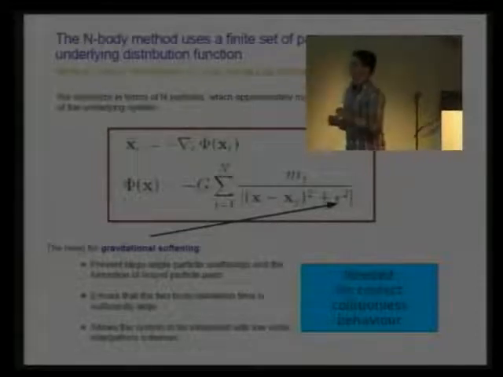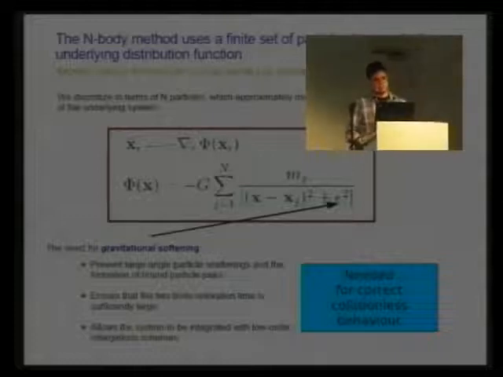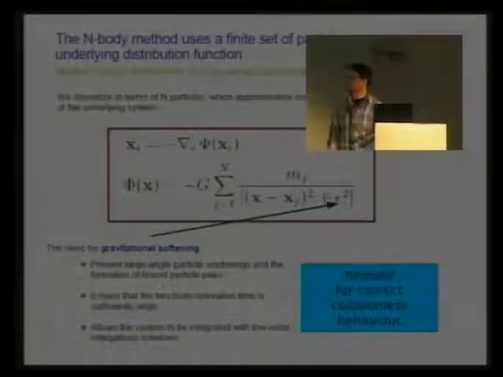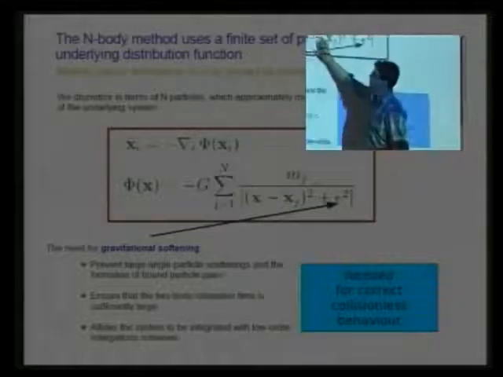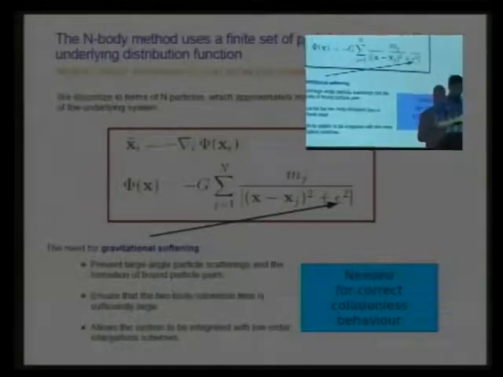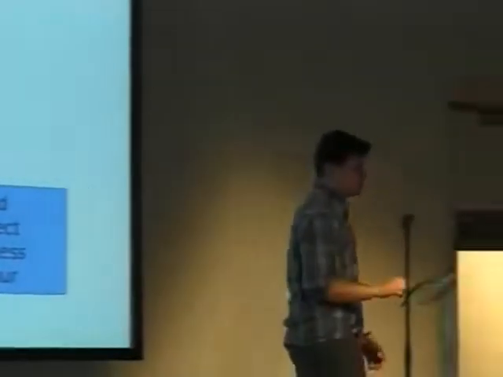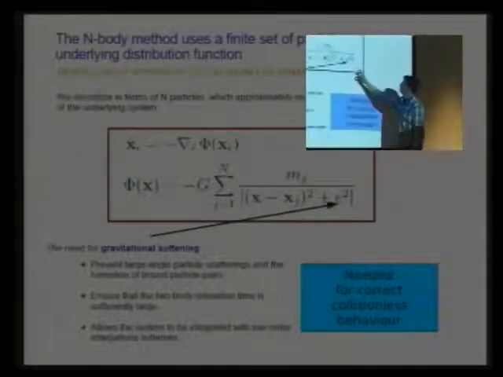And if you do so, you have to modify your force law. You cannot use the simple force law for gravity. The simple force law would be to take a gravitational potential like this, and then calculate the force just by this second-order differential equation. This does not work because we do not simulate every single dark matter particle. And since we simulate these clumps, we have to soften the potential.